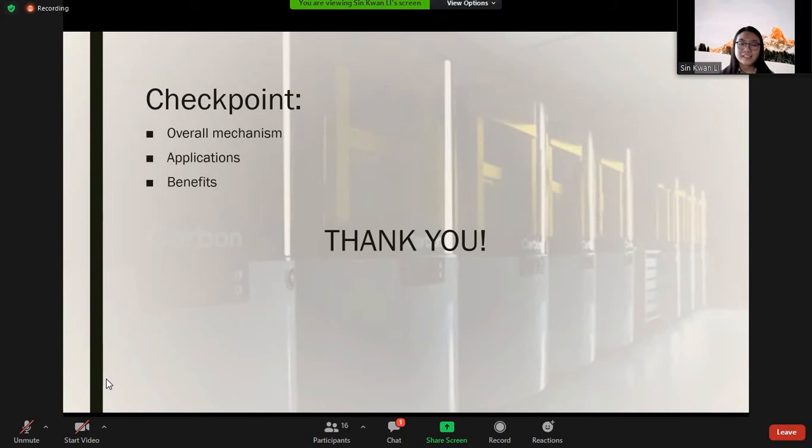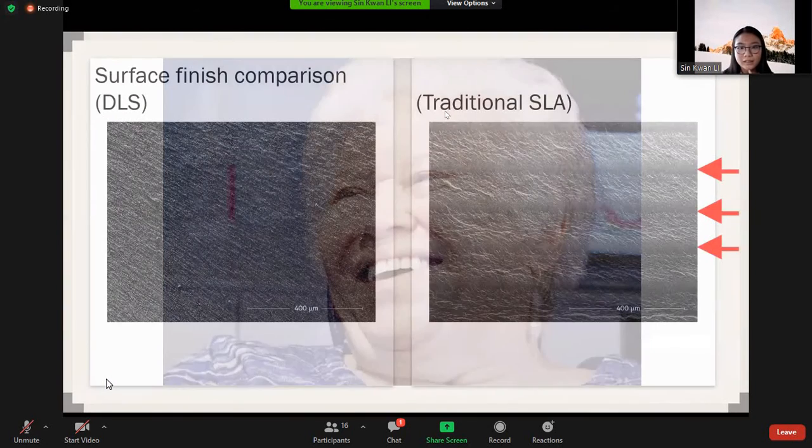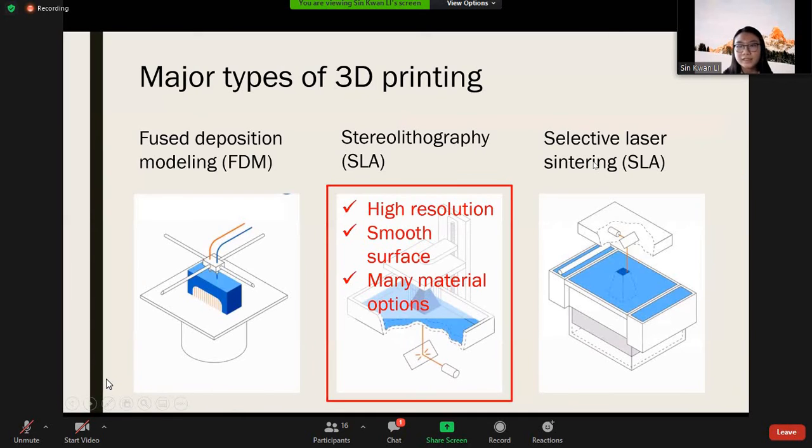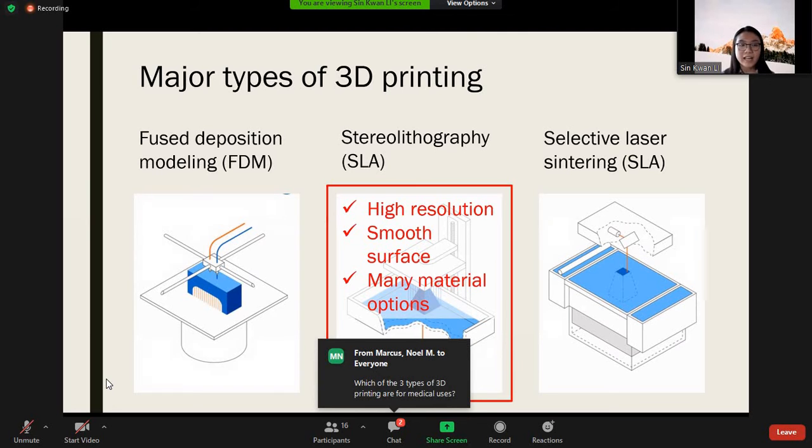And I didn't put it in the presentation because it would be too long, but I also mentioned the other one. Selective laser sintering is more commonly used to produce end-use products when compared with traditional SLAs because it can print products with higher accuracy.